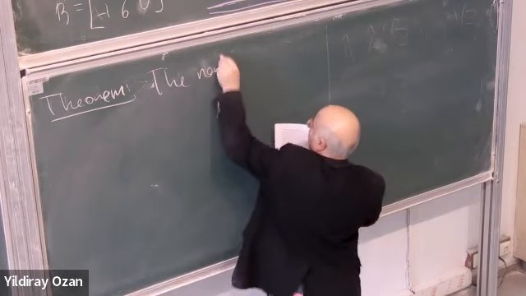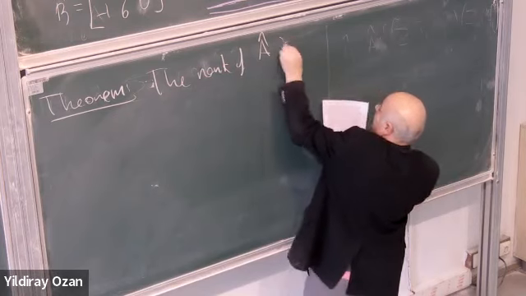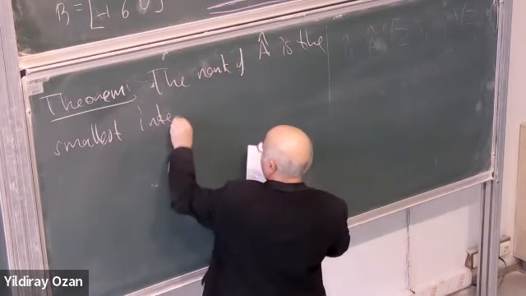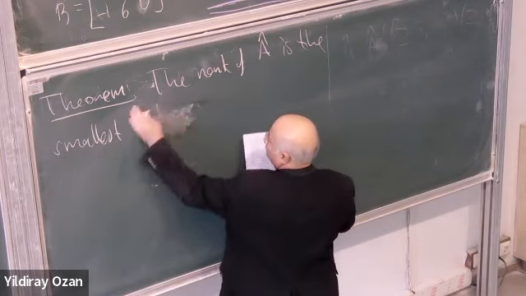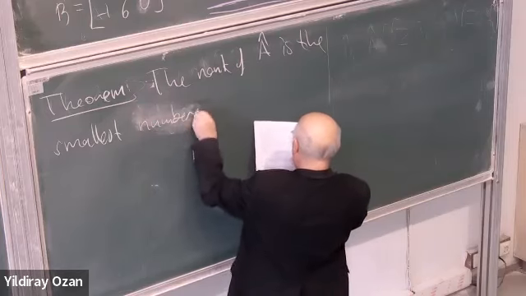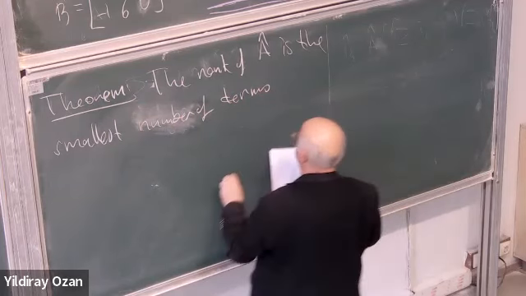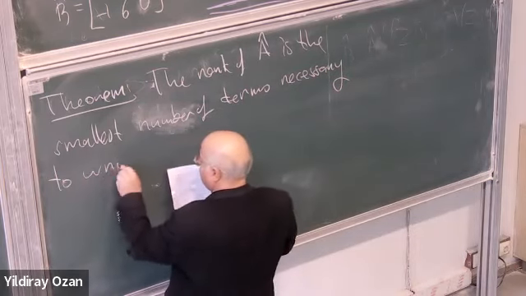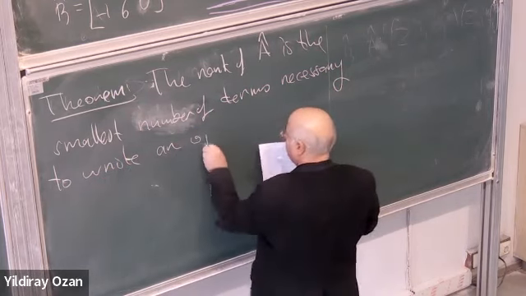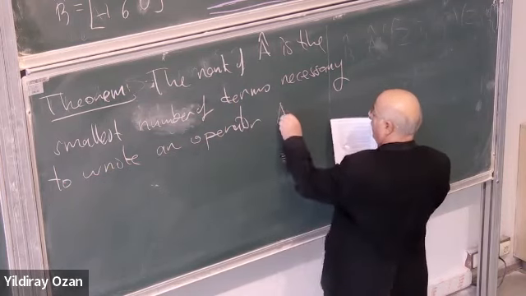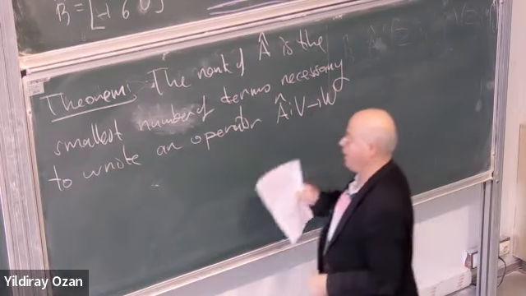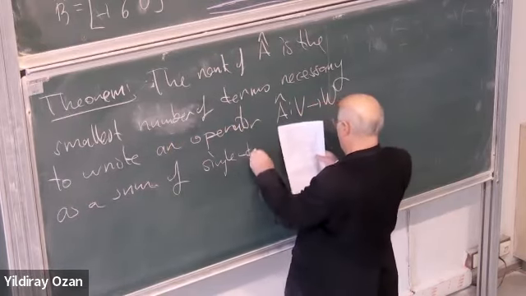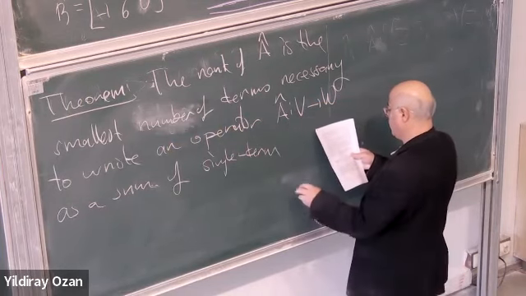The rank of A hat is the smallest integer, meaning the number of terms, necessary to write an operator A hat into W as a sum of single term tensor products.